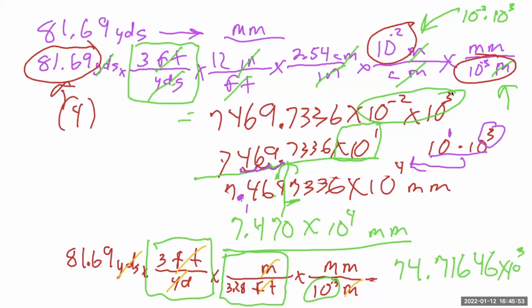So we move this over, it becomes 7.471, or 7.472, actually, round it up to 4.